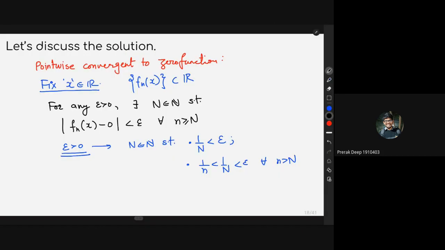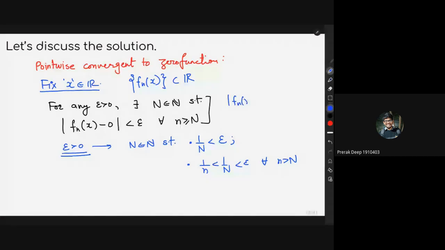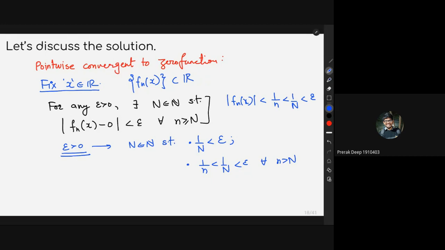So I just use this fact to say that fn(x) is smaller than 1 over n, in particular 1 over capital N, in particular smaller than epsilon. So this implies that fn(x) converges to 0, and this whole part is independent of the choice of x.